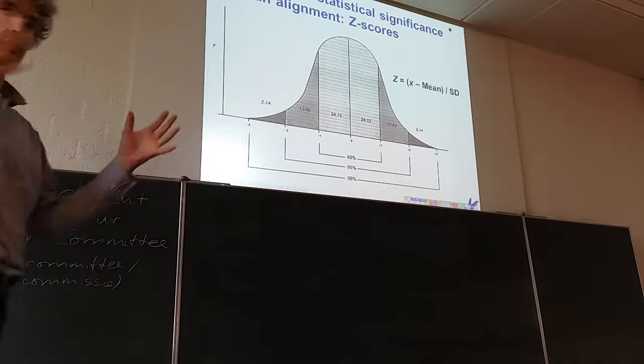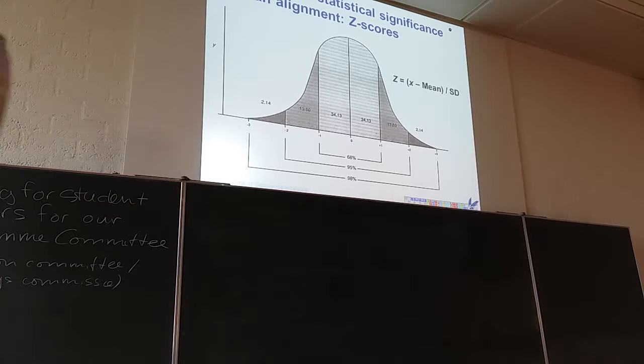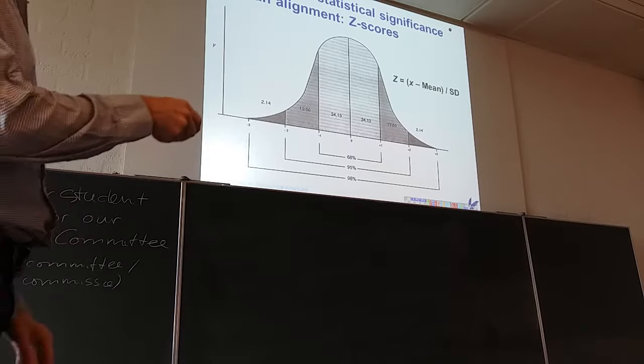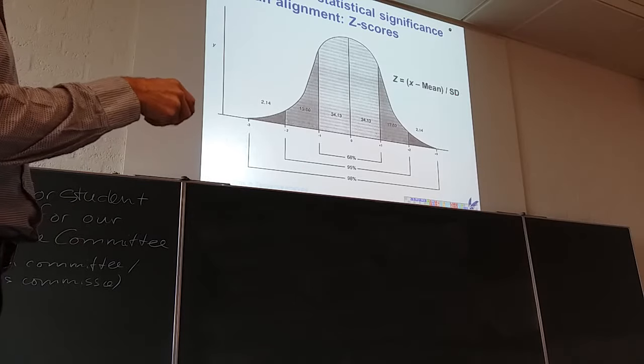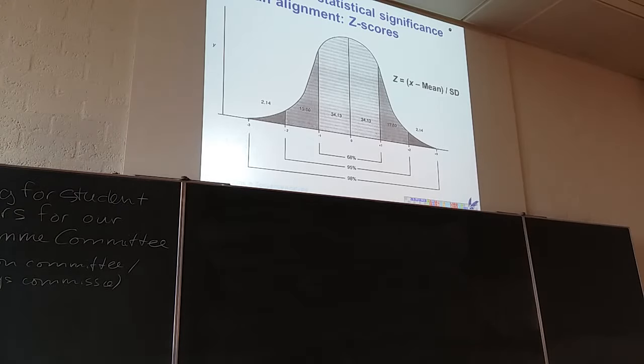If you have a distribution of values, you can calculate the average, or the mean. If you subtract the average, then your average will be 0. Right? If the average was 5, you subtract the 5 from all the data points, then the average becomes 0. Yeah, you just shift everything. And then you divide it by the standard deviation.